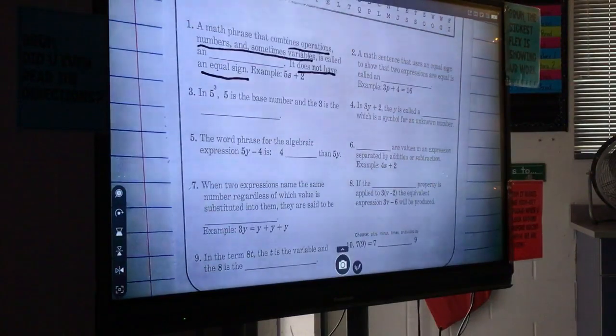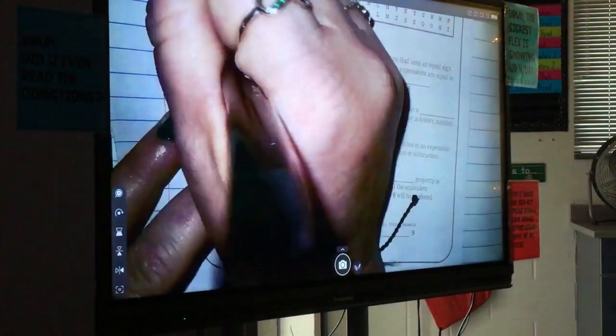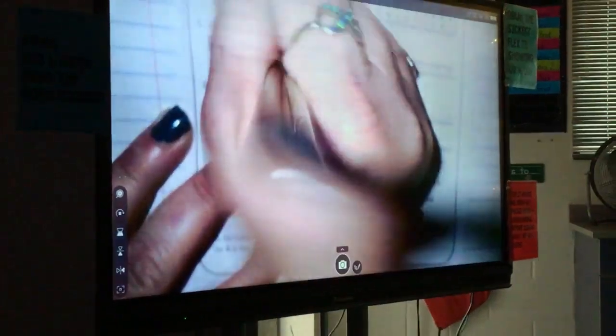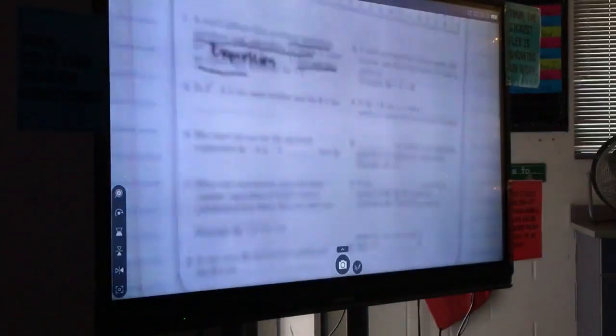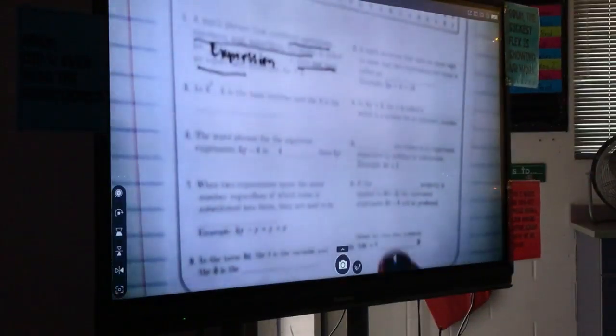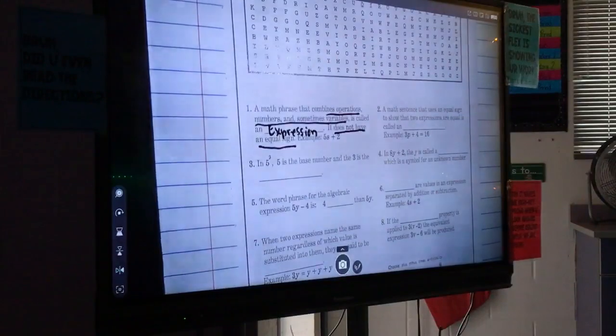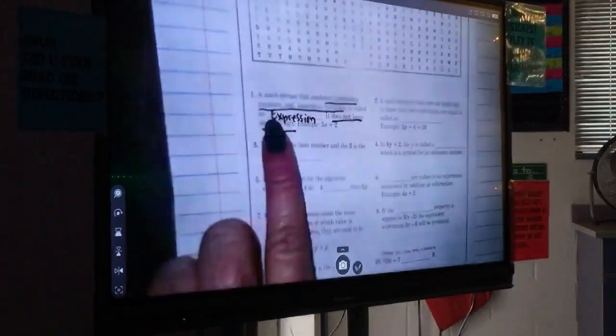And if you're not sure, you can probably look up there even, right? Expression. So I'm going to write expression on this line. I annotated to show how I figured out that word is expression. That is what you're doing for each one of these.